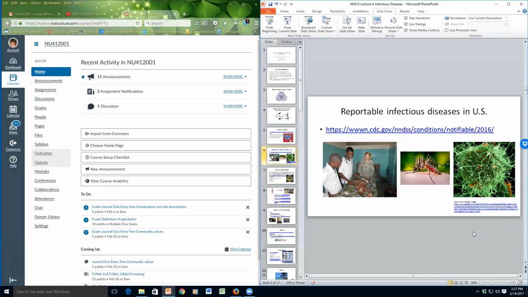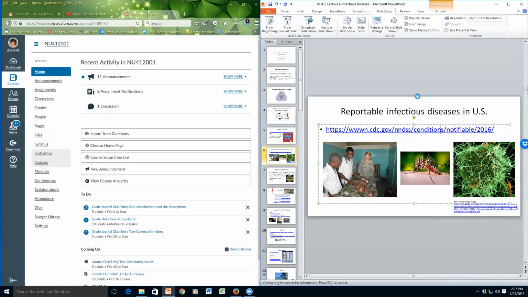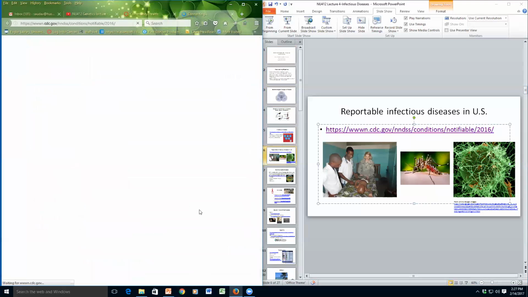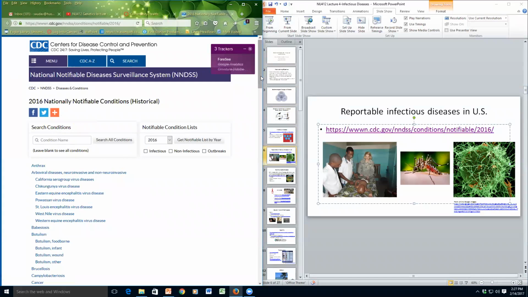So in the United States, we have a structure as discussed in our first lecture where we have the Centers for Disease Control. And in 2016, the centers identified a list of diseases and illnesses that should be reported or must be reported to the federal government. You'll notice that some of these diseases are pretty common.